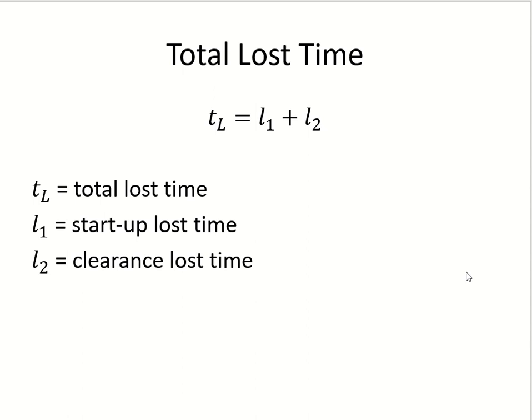When the phase ends, we stop one movement but we don't start the other one. So that is clearance loss time. Clear? If you add them together, you will get the total loss time of one phase.